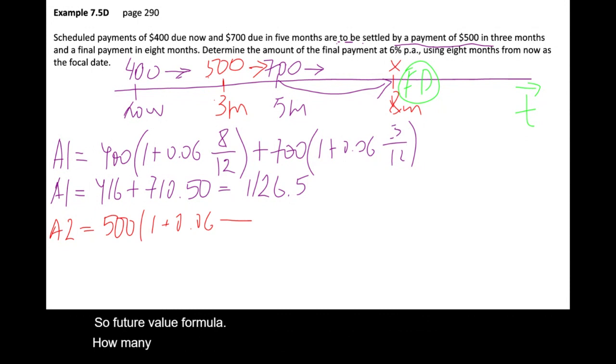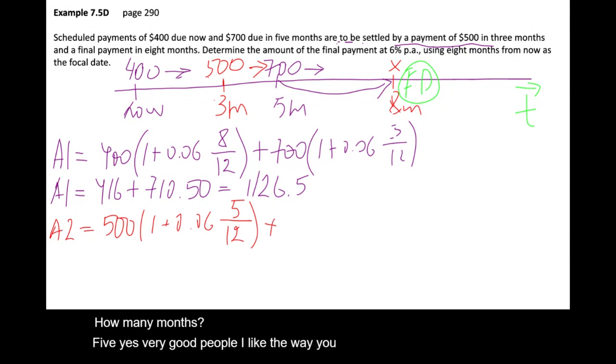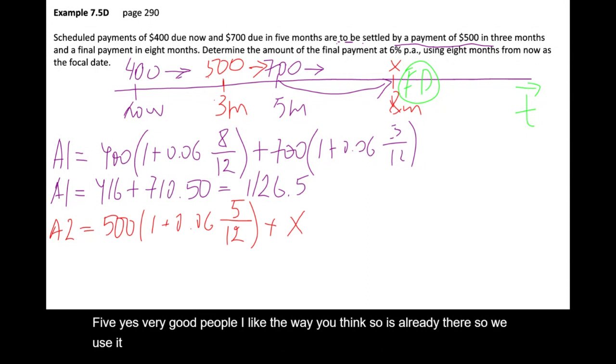How many months? 5. Yes, very good, people. I like the way you think. So X is already there, so we use it what? As is. Let's calculate what we can.